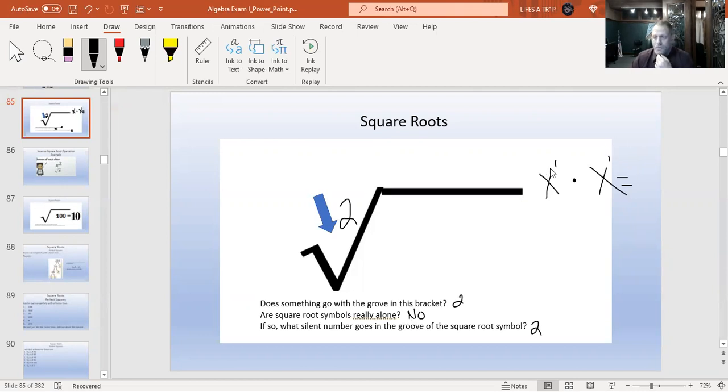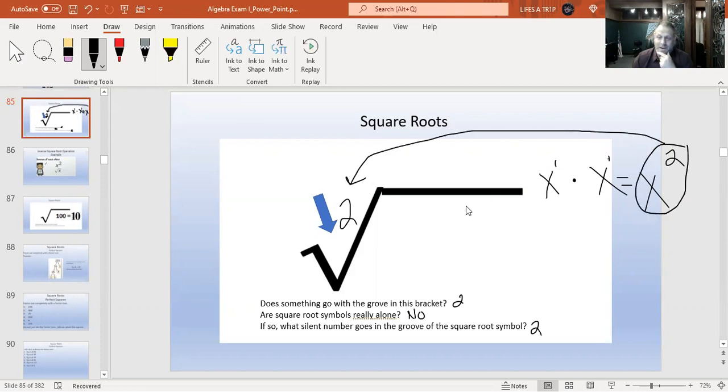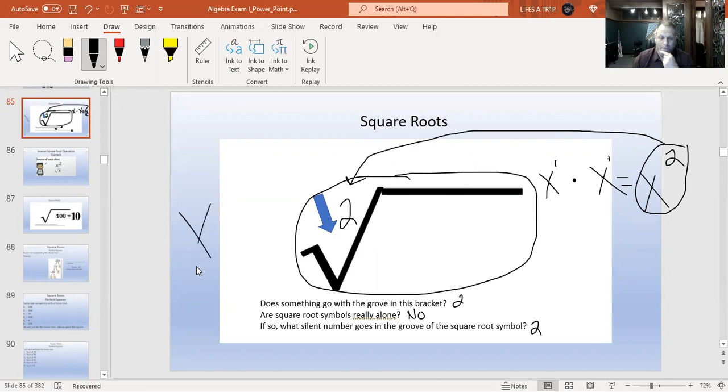So x to the first power times x to the first power, 1 plus 1, is x squared. That squared goes over here when you're changing this into the square root form.